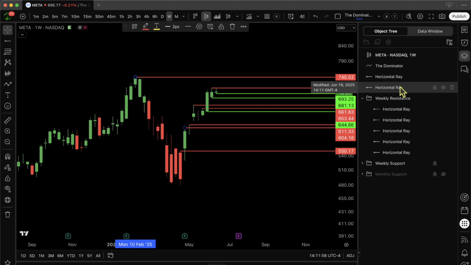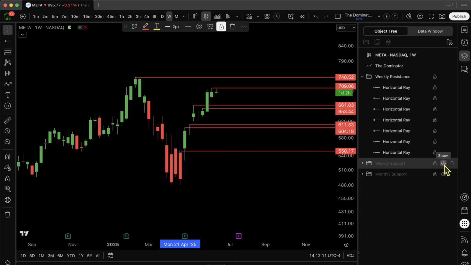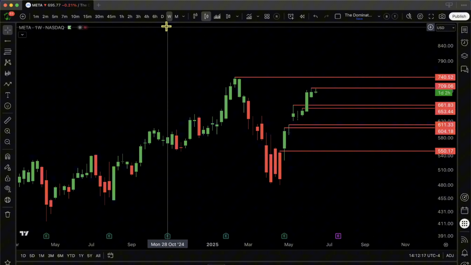And it looks like a couple of them did not make it in here, but we'll go ahead and drag them in here. And now we have it, guys. So I'm going to lock them all up. And now I am going to come over to my weekly support and I am going to hide them. So now we can see what we have going on the weekly when it comes to resistance.